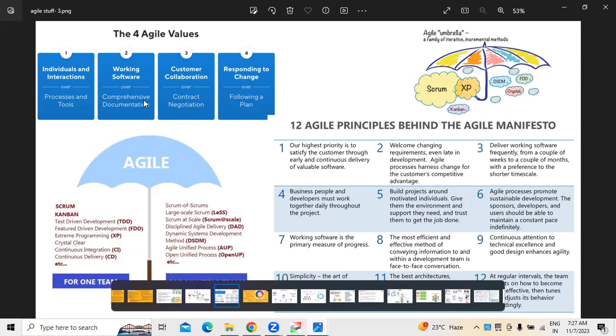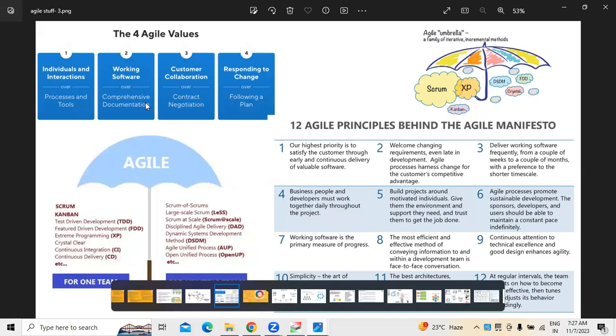The first one, individuals and interactions. Agile majorly believes in individuals and interactions over process and tools. Of course, we use some tools to work on the application, but especially in agile, the major importance is given to individuals and interactions. People have to interact more.